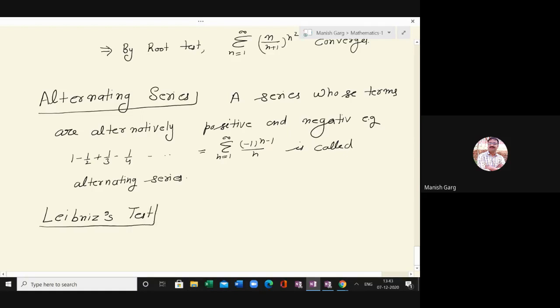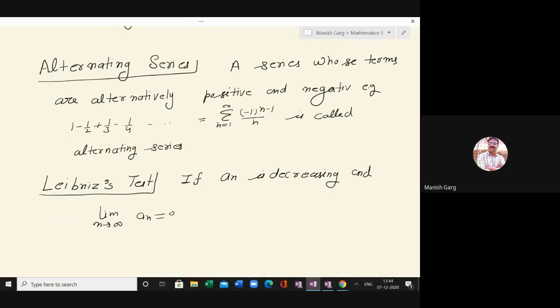It says, if a_n is decreasing and limit n tends to infinity of a_n is equal to 0, the term will approach 0 as n tends to infinity, then this series, n equal to 1 to infinity, minus 1 to the power n minus 1 a_n, converges.